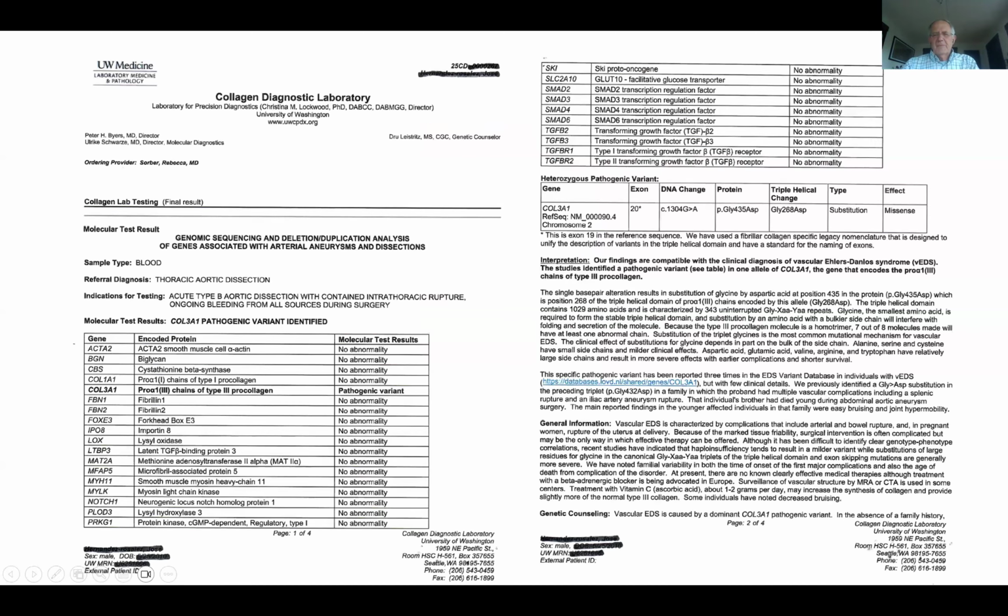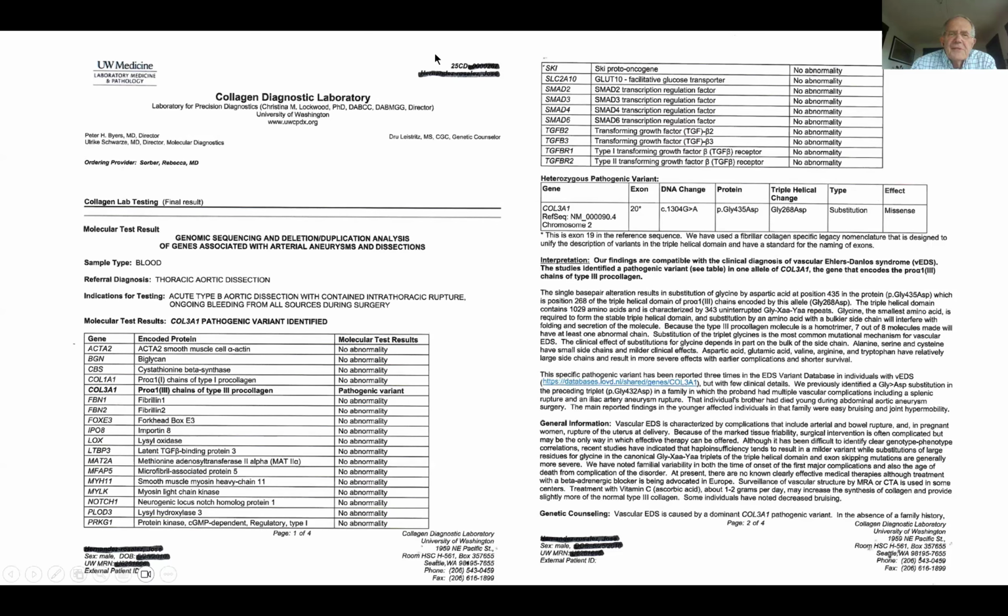So this is an image of a genetic report. And I'm going to start you in the fire so that we can really describe what's here and what are the things that are important to you and to us when we put these together. This is from us as a Collagen Diagnostic Laboratory. And there are certain things that need to be in the report and the structure of how it works here.